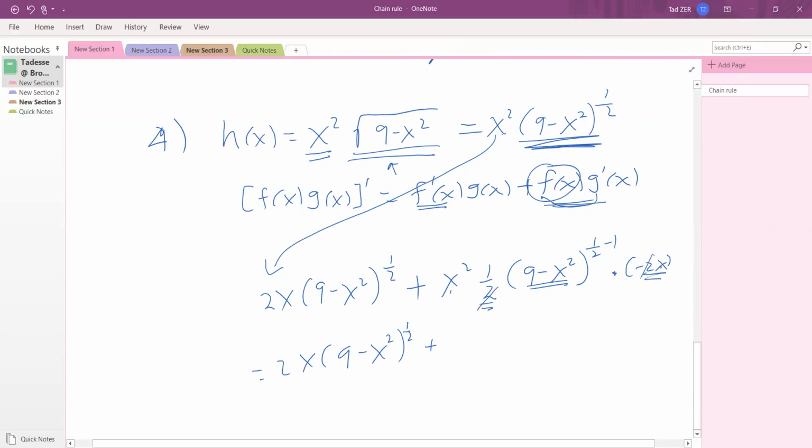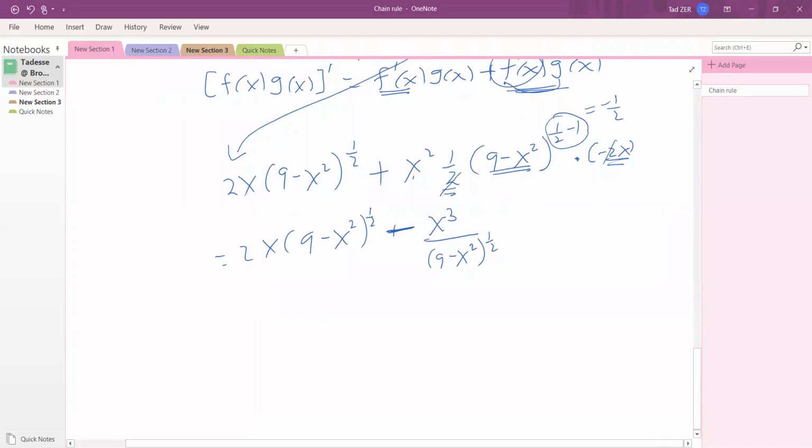I have x squared and x, and it becomes minus because of the minus. x squared times x is x cubed. And I have half minus 1, so half minus 1 is negative half. And if you remember, I told you in the previous example, a negative exponent can be written in the denominator. So this is 9 minus x squared to the power of half.